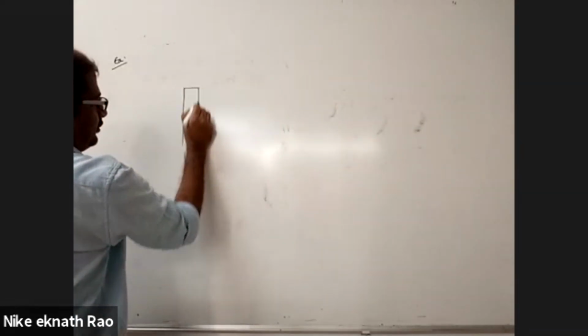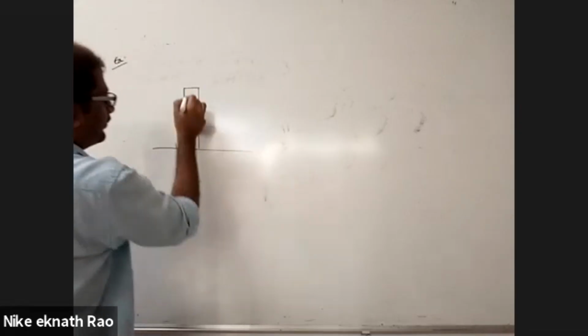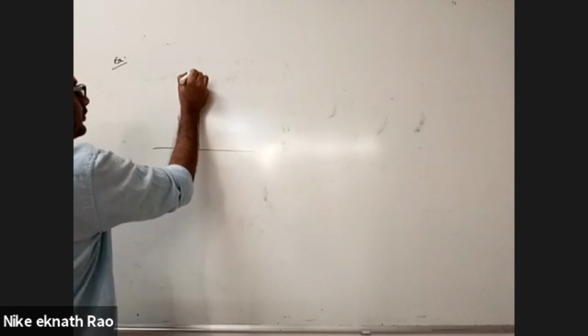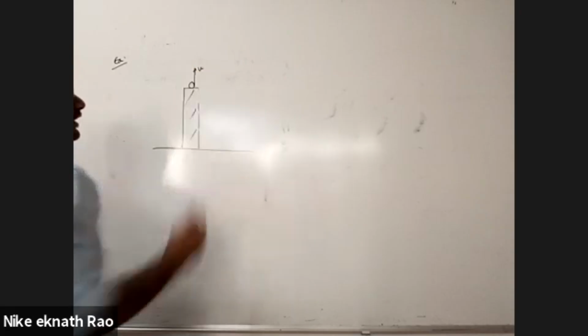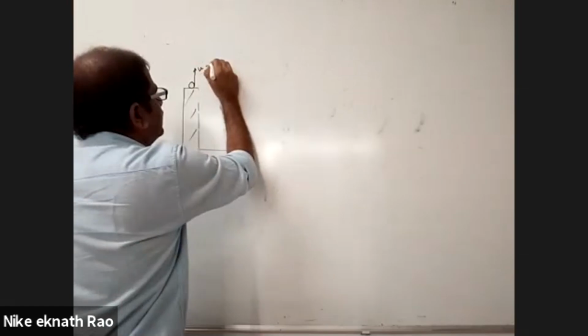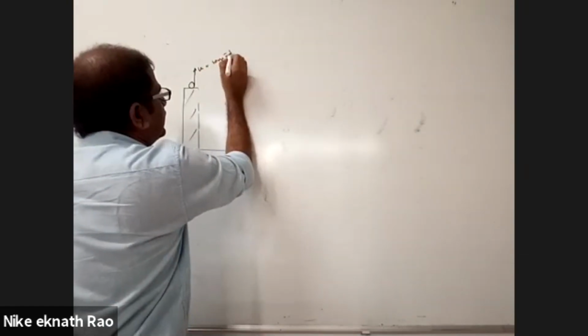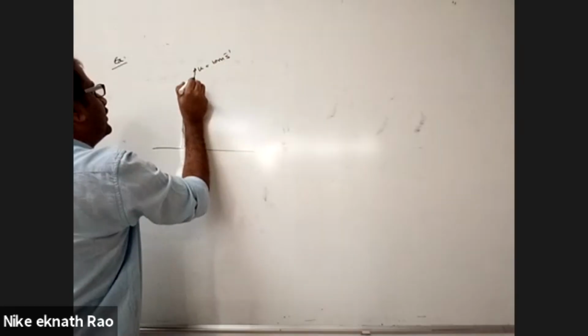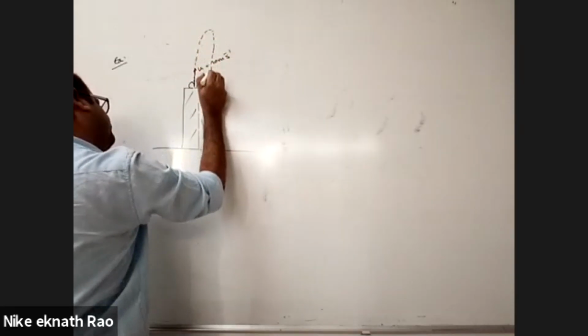A particle is thrown from the top of a tower with some velocity. It doesn't matter; later we'll discuss all the parameters. So you can say 10 meters per second. This is the initial position, say A. It has traveled like this.